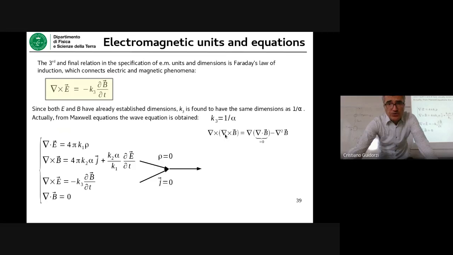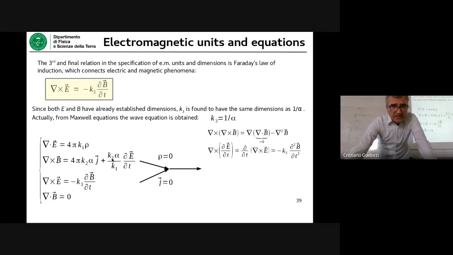So you exploit this vector calculus identity, which is very similar to the double vector product. You see that you end up with the gradient of the divergence of B. Divergence of B is just the absence of magnetic monopoles, if you want. So you are left with this term.